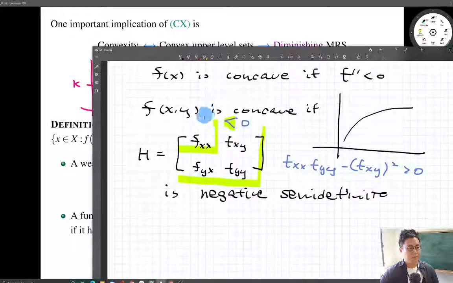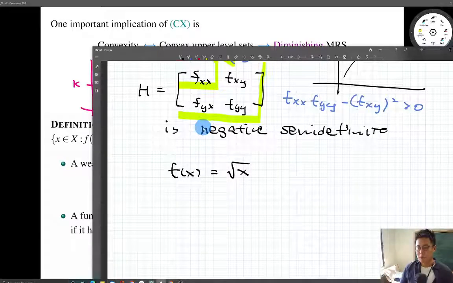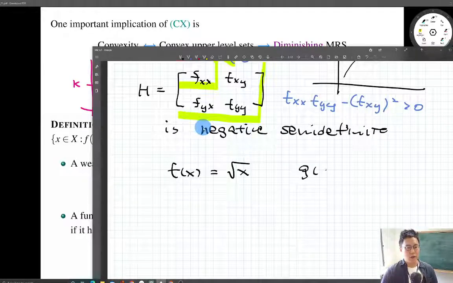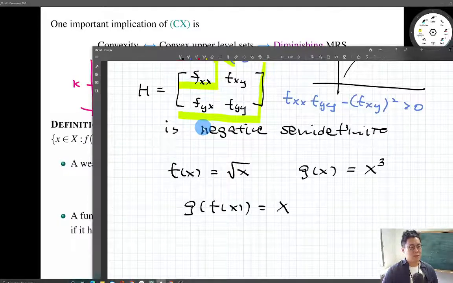Think about f of x given by the square root of x. That is a concave function, right? But if we take a monotone transformation, say g of x is given by x cubed, right? So now if we compute the composition, g of f of x, that is going to be x to the power, so let me change to x to the power 4th.